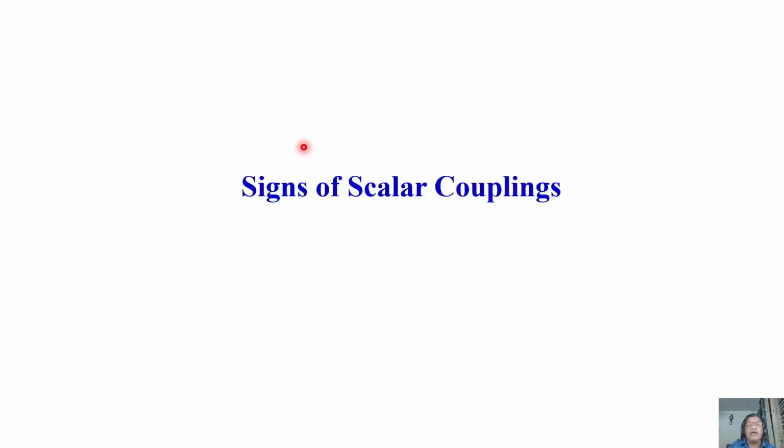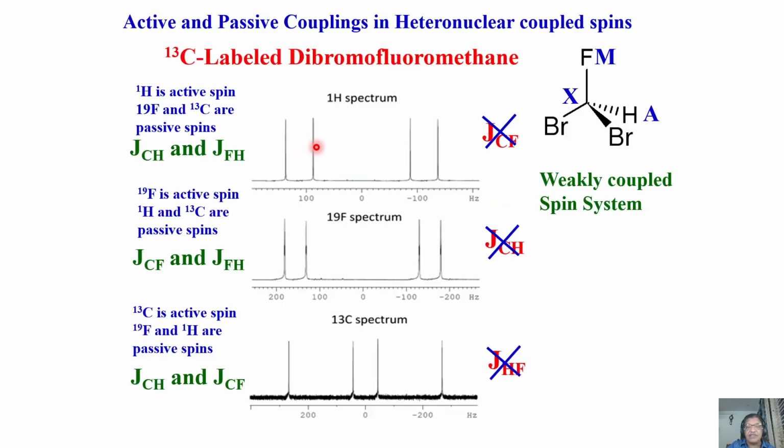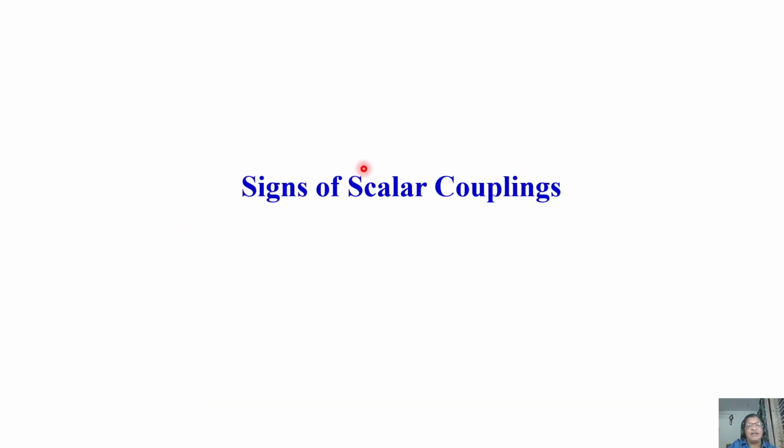So, scalar coupling can be positive or negative. It's possible. Then how do you know whether this separation of 10 hertz is positive or negative, or this separation of 100 hertz is positive or negative? We don't know. So let us understand the signs of the scalar coupling. This is a point you must understand.